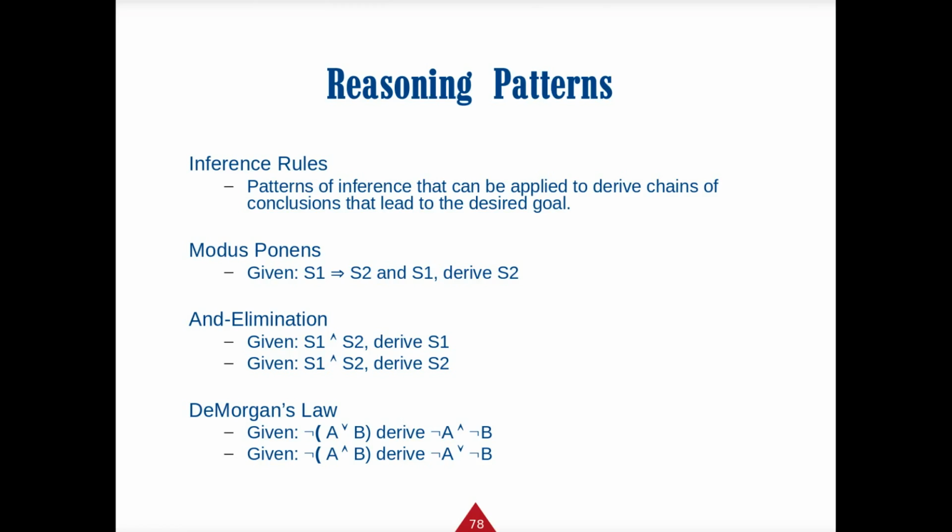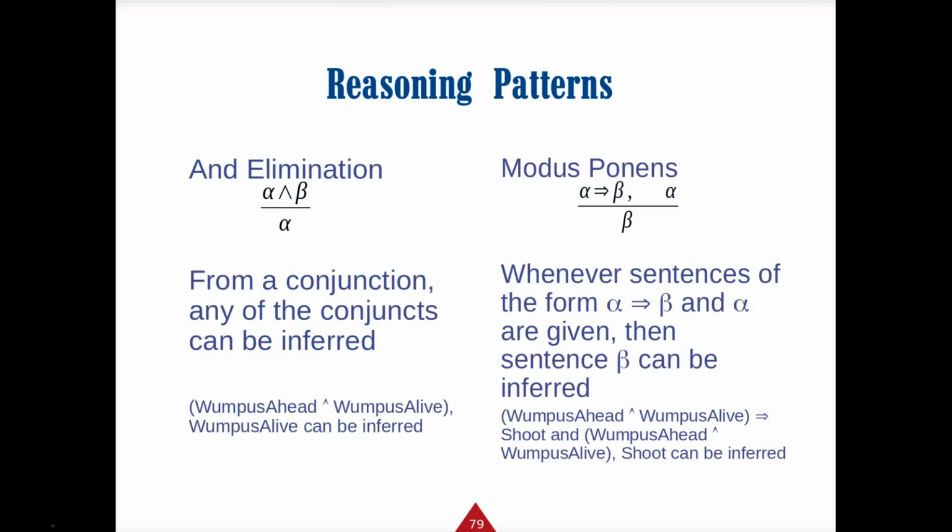And so for the reasoning patterns, you're going to apply the inference rules. You're going to try to find a Modus Ponens, where you do derivation and elimination. This is basically the Modus Ponens, and then you apply De Morgan's rules. And so we have these different reasoning patterns again. So the idea is, for an and-elimination, you have the Wumpus ahead and the Wumpus alive, and the Wumpus alive can be inferred.